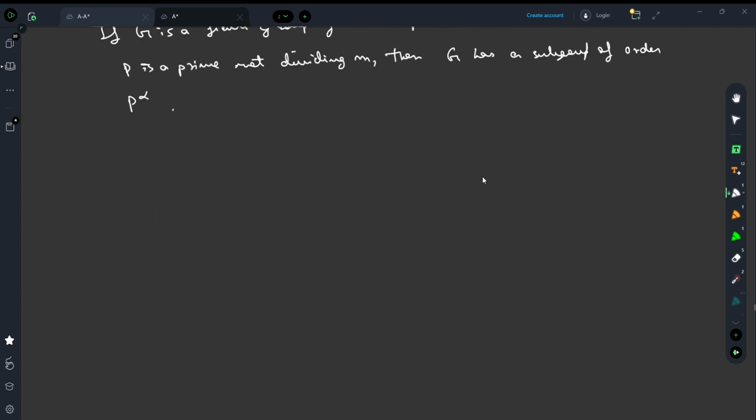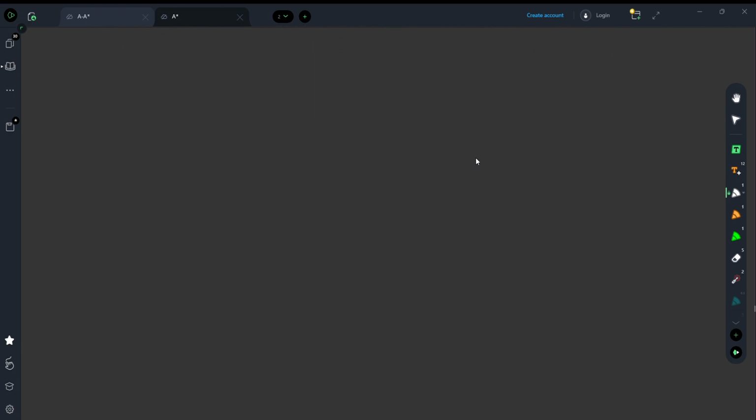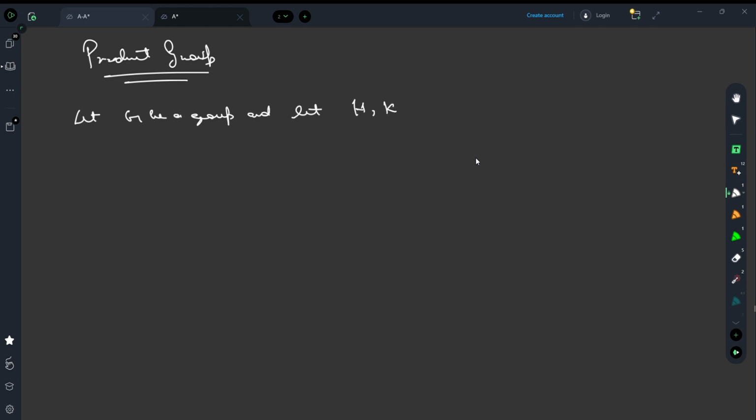Now let us move on to construct a new form of a group, which can be constructed using some given subgroups of a group. It's often called the product group. It might also have some other related terms, but I'll prefer calling it the product group. What it basically says is that let G be a group, and let H and K be subgroups of G. Define a set.